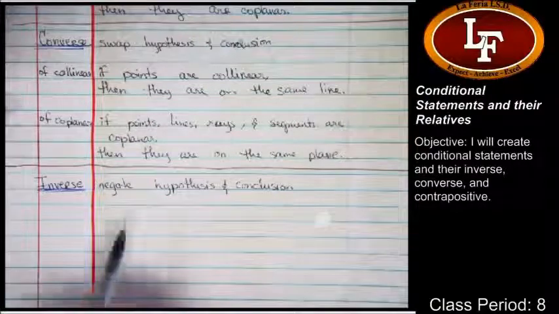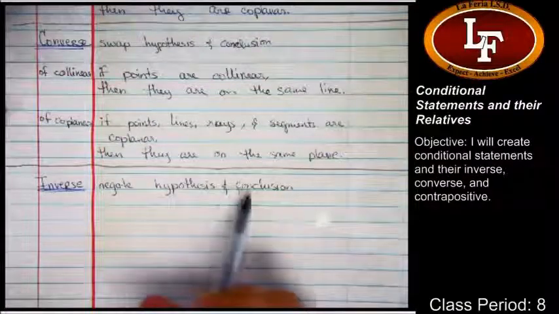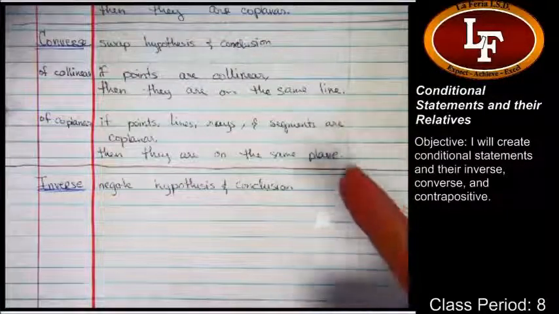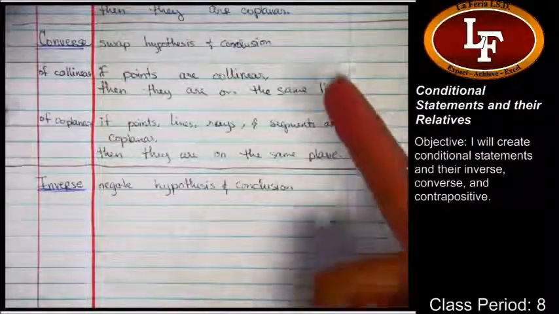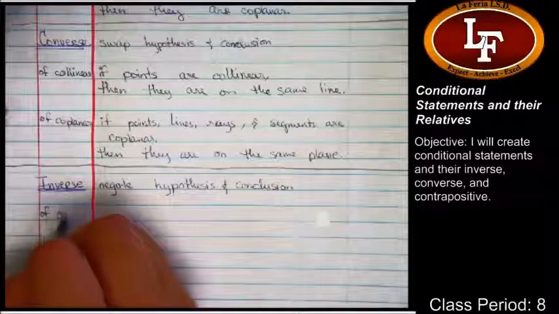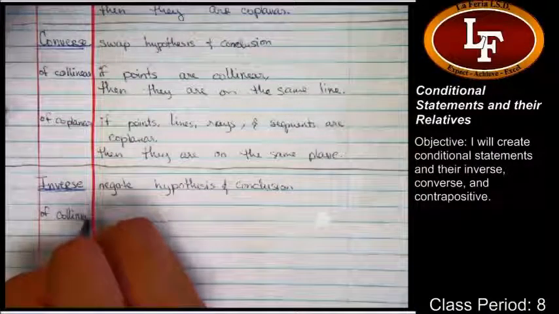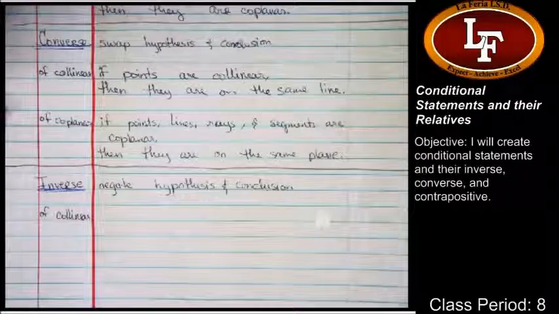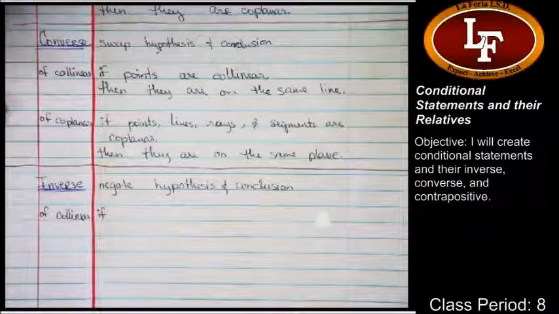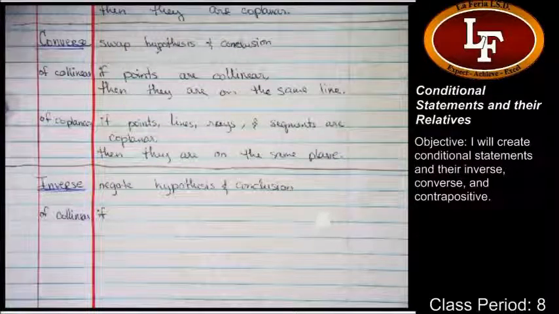All right? And we're going to do that to both the hypothesis and the conclusion, but it has to be of the very original conditional statement, which is at the very top of your paper. All right, so let's write the inverse of collinear. What's the original hypothesis for the conditional statement for collinear?